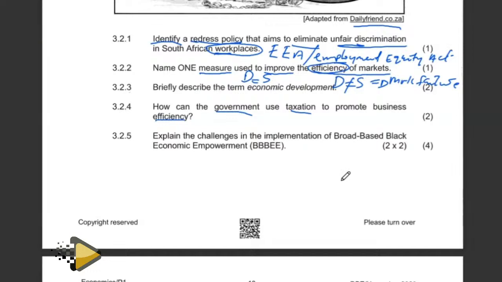Okay, so efficiency, as I explained earlier, grade 12, when we talk of efficiency, we always check where resources are not wasted. So how can the government use taxation to promote business efficiency? Meaning, how can the government use taxation to make sure that businesses don't waste resources? So now, if you still remember, taxation is one of the instruments of fiscal policy.